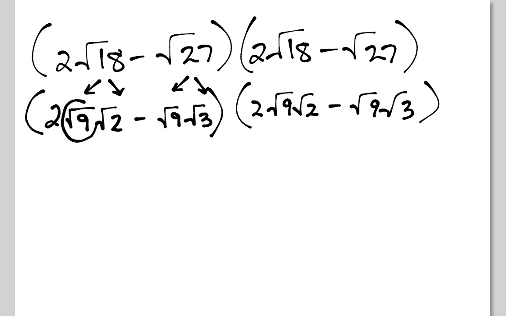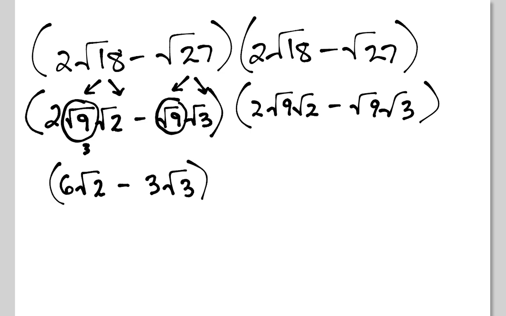What is root 9? It's actually a 3. So 2 times 3 is 6 root 2. And root 9 is just 3. Good. So you have 3 root 3. And because it's the exact same term, you can repeat it.